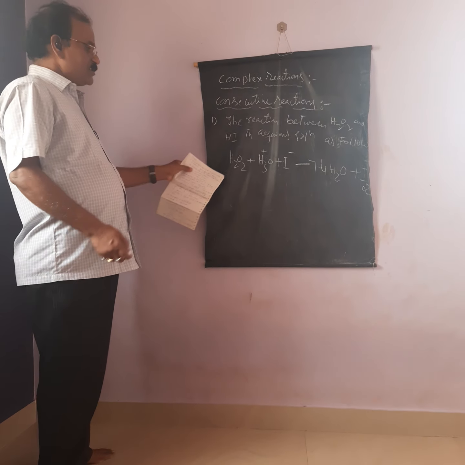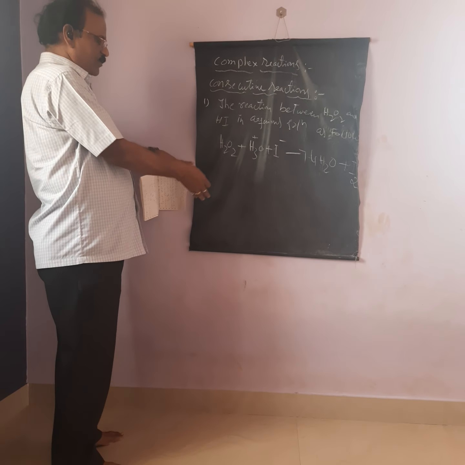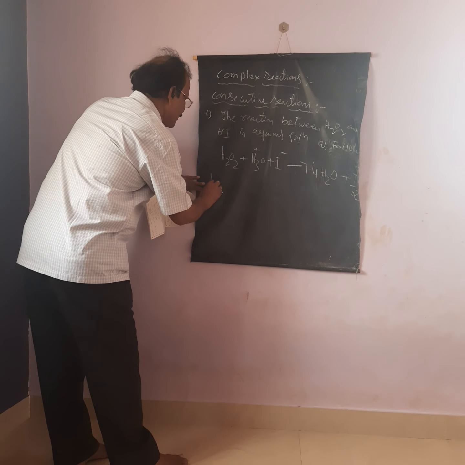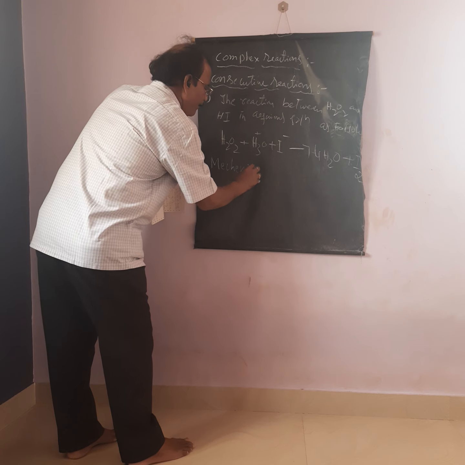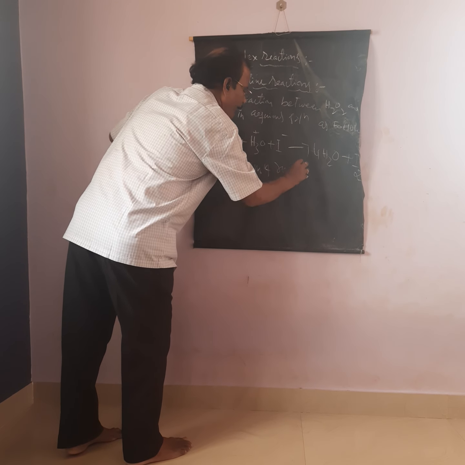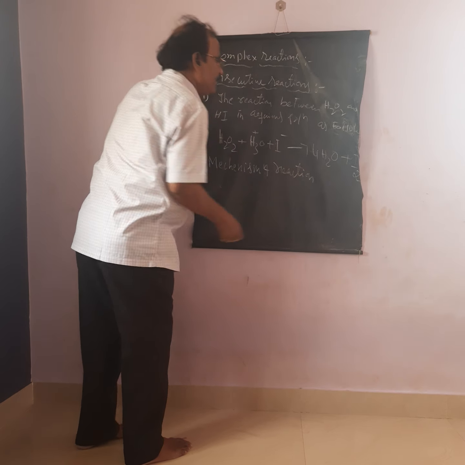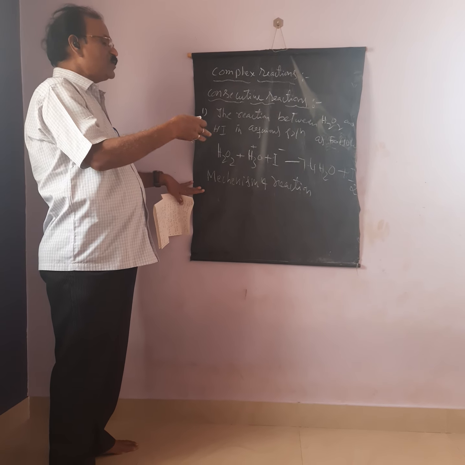Next is the mechanism of this reaction. The mechanism of this reaction consists of the following steps. The mechanism of a conjugative reaction involves more than one or two steps.